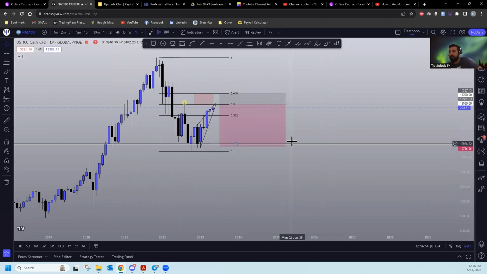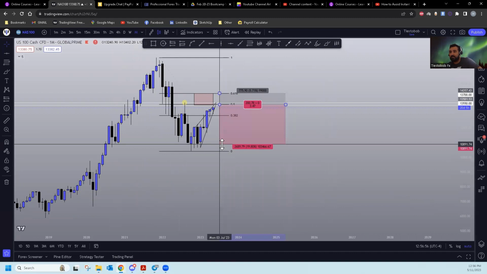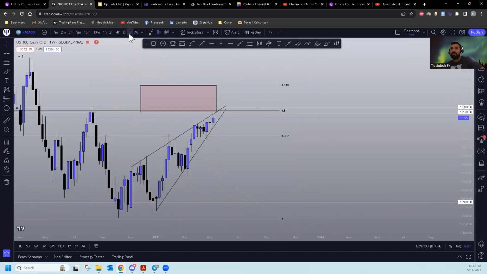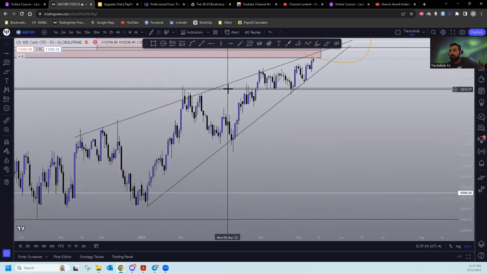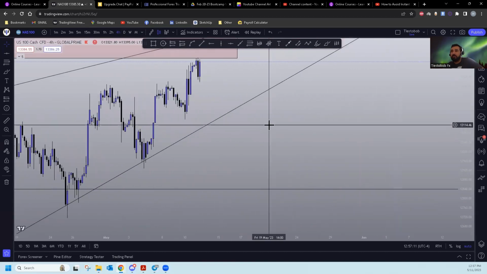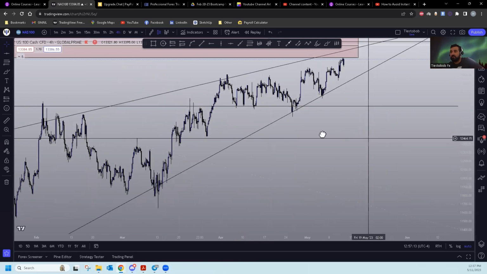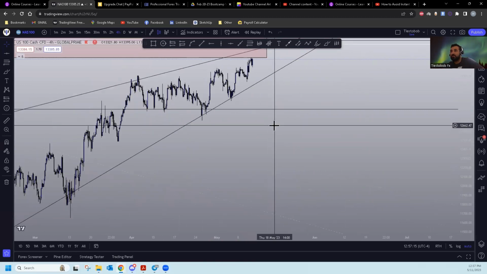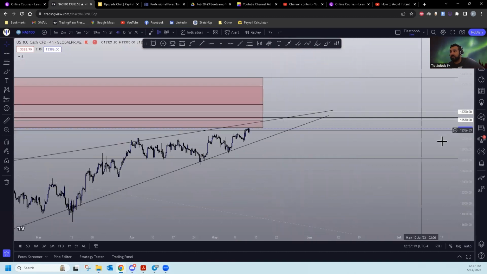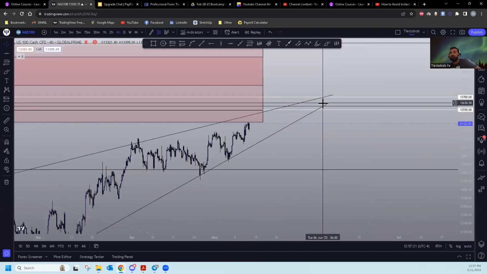So we can expect price to retest these levels right here. Now, of course, I wouldn't take this trade on the monthly, too high of a time frame. So let's drill down. If we see some sort of a break in structure on the 4-hour or the 1-hour, we can use that as confirmation. But first, we're looking for price to essentially enter this area and then go from there.